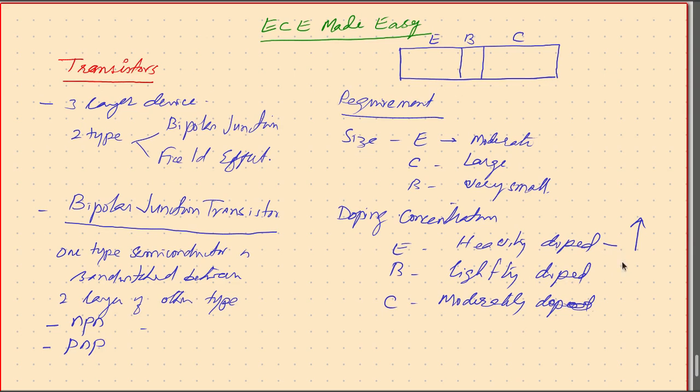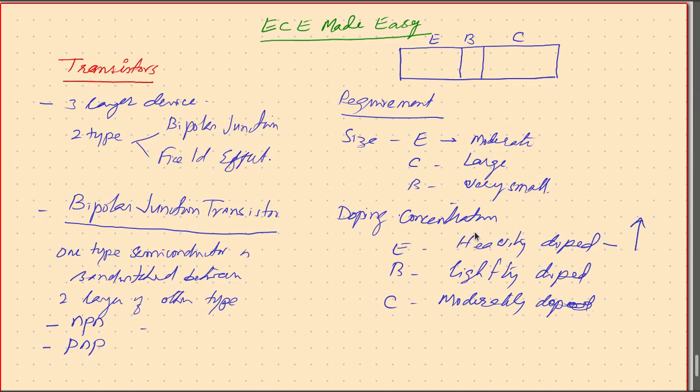That means it's not going to begin any conduction process, but yes, it can modulate this conduction process. And the collector is moderately doped. It needs charge carriers, but not as heavy as emitters, because its purpose is not to emit, it's only to collect it, and it should have good participation in conduction of current, and hence it's moderately doped.